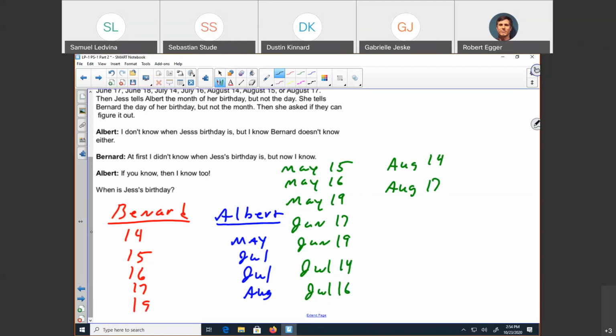Okay, so let's look at it. Albert knows what month it is, but let's look at Bernard's side. Let's just say it was the 14th. If the day was the 14th, would Bernard have been able to guess the answer without knowing the month? Would he know what month and day it was?